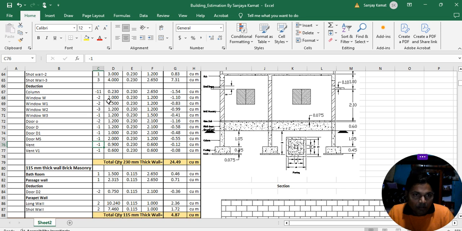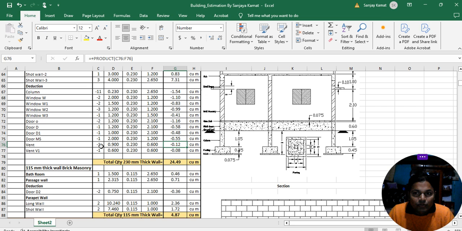So the number of ventilation will be -1, and for this ventilation the length is 0.900 meter, breadth we are taking 0.230 meter, and depth of the ventilation 0.600 meter.